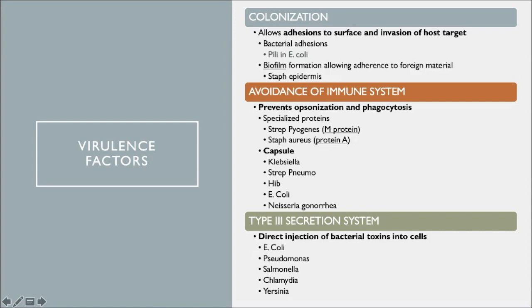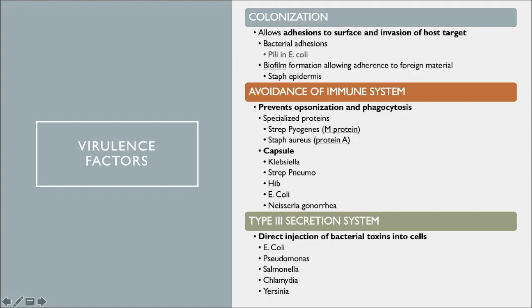When we talk about avoidance of the immune system, this is going to be the vast majority of your virulence factors. The most obvious one being the presence of a capsule. This is an extra layer surrounding the cell wall that basically acts as a deterrent to antibodies, as well as an opsonization deterrent.